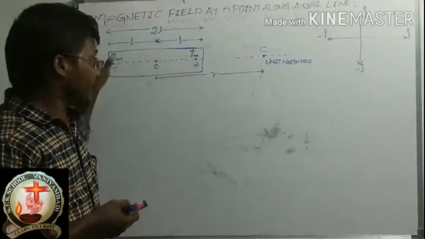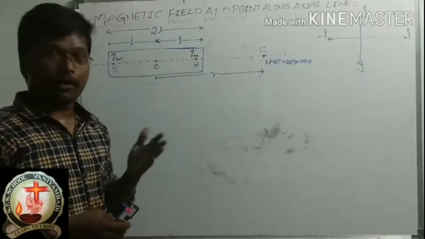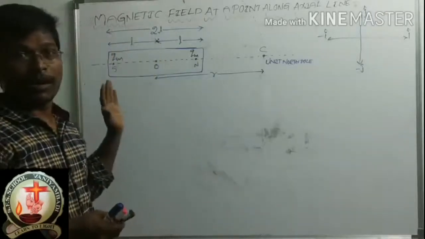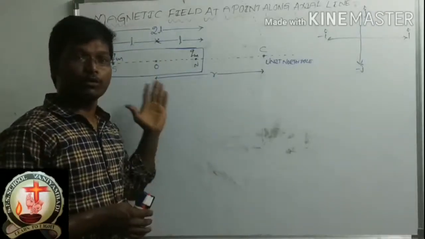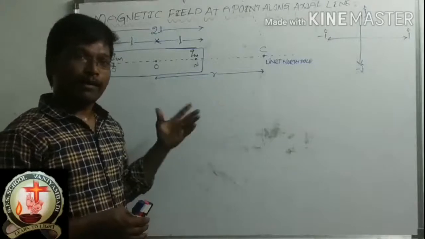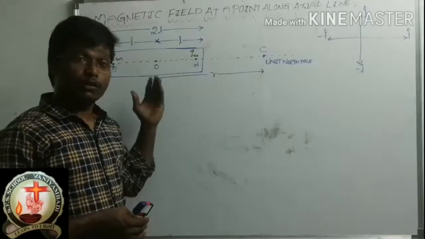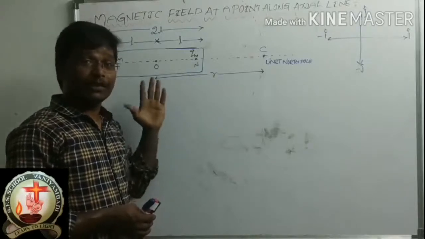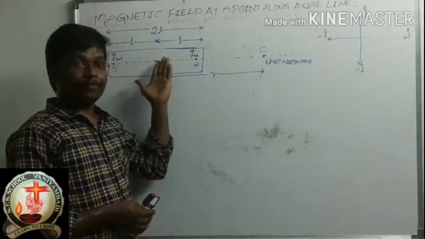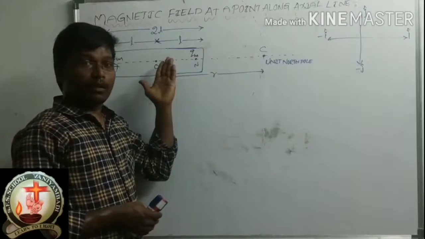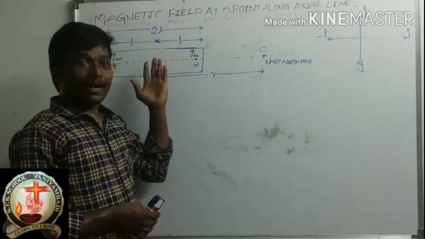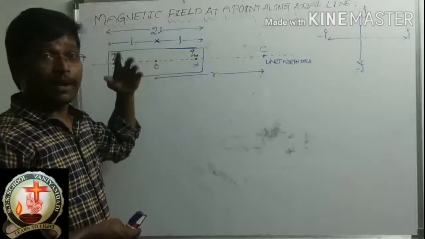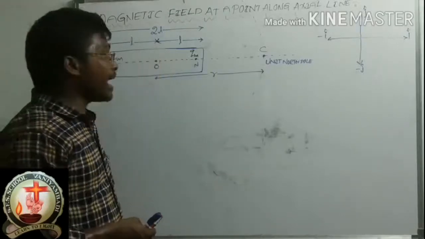Now once again I will explain this diagram, so you can listen clearly. Let us consider a bar magnet. This bar magnet has two poles, south pole and north pole, and these two poles have the pole strength Qm. The magnetic length of the bar magnet is 2L. This magnet is placed on the axial line.